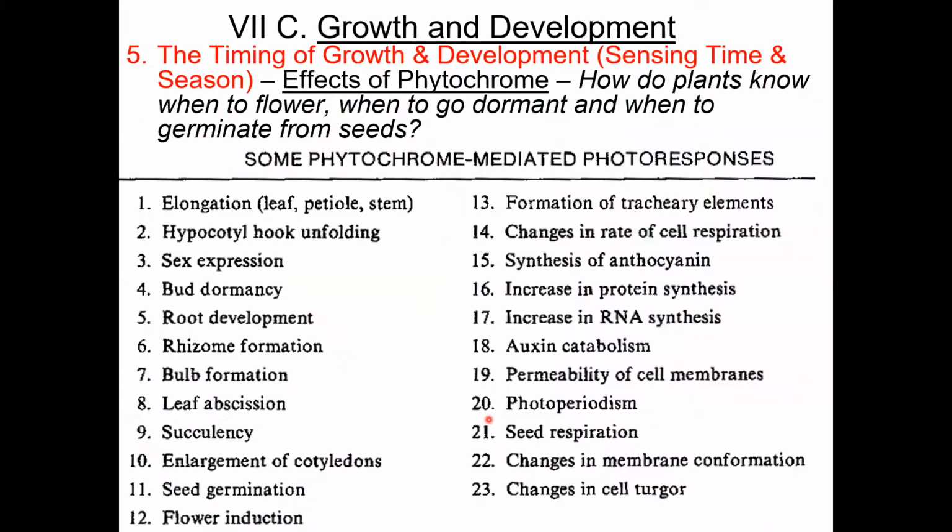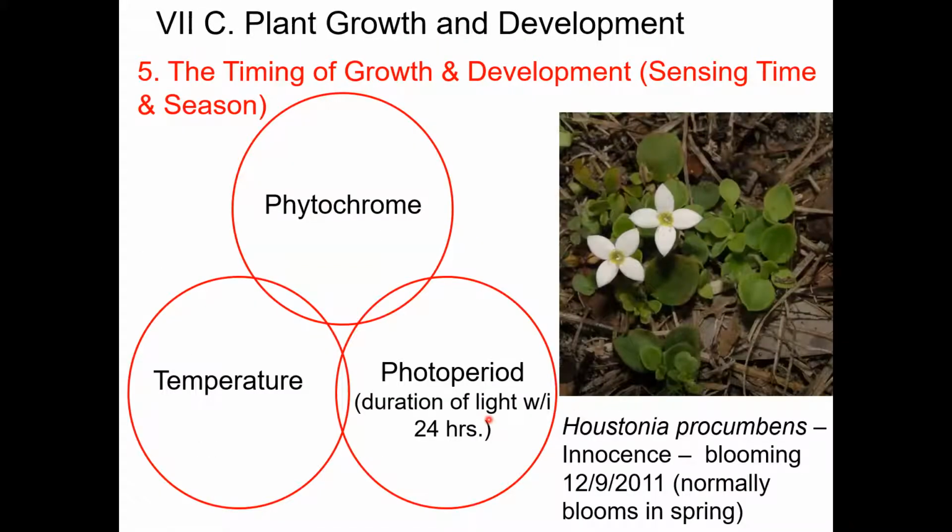Now, the reason I've got this little innocence plant here is an indication that this plant normally blooms in February or March, but this one was blooming way back in December. And you could argue that global warming might have something to do with it.